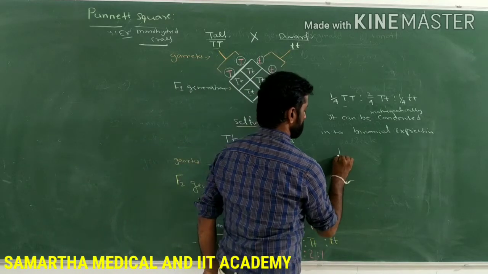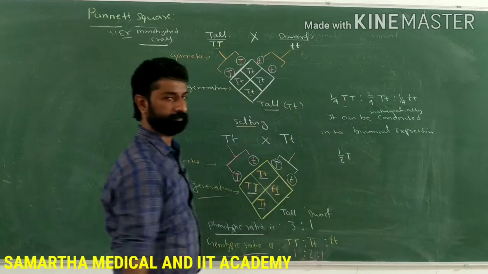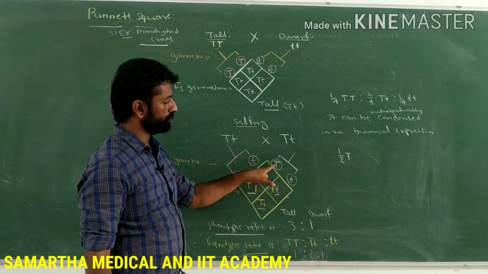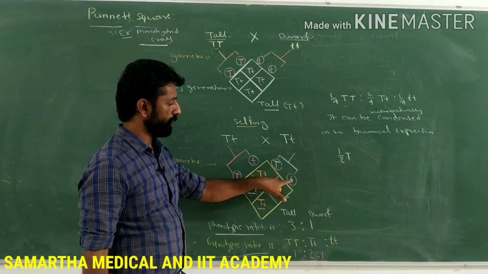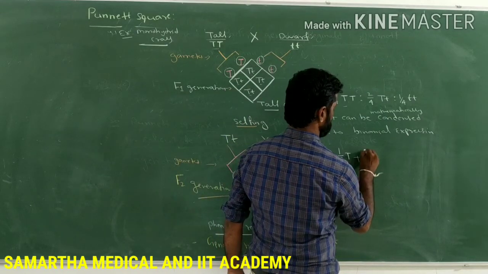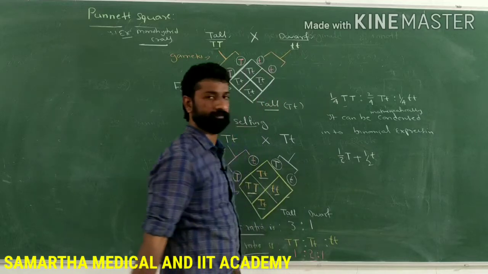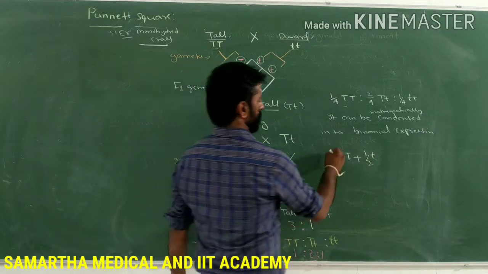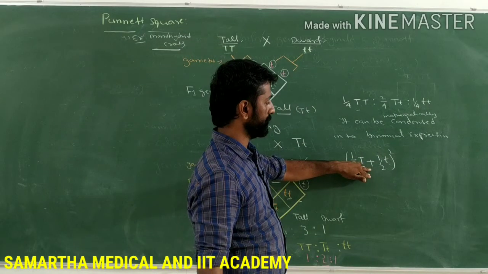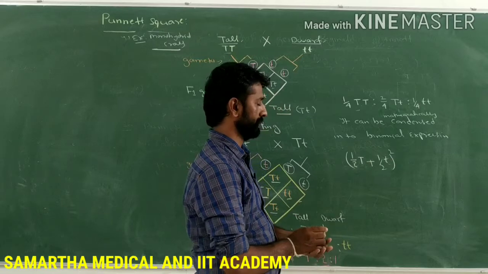So let's write that out of 2, 1 will be capital T. And out of 2, 1 will be the recessive allele. Whole square of them: 1 by 2 capital T plus 1 by 2 small t, whole square.